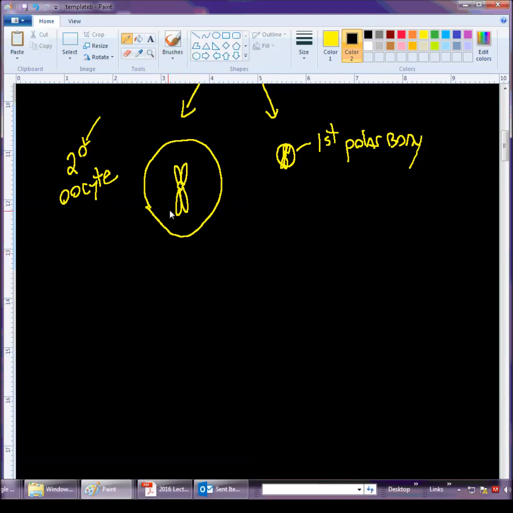Now we have something strange going on with humans, and some other mammals. So here's our sperm. Let's say this is a Y, a sperm carrying a Y chromosome. And this is a sperm carrying an X chromosome. Now either one of these can fertilize the secondary oocyte.